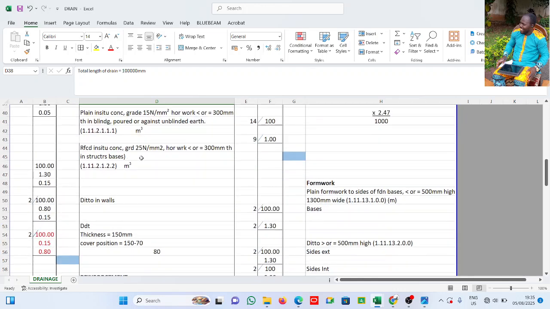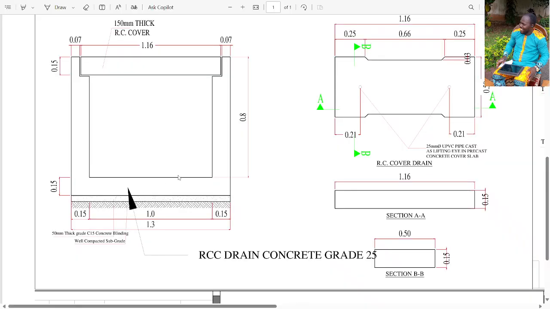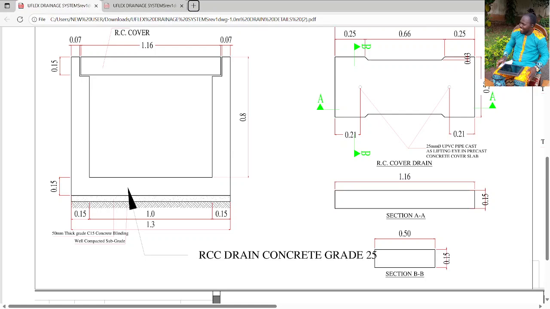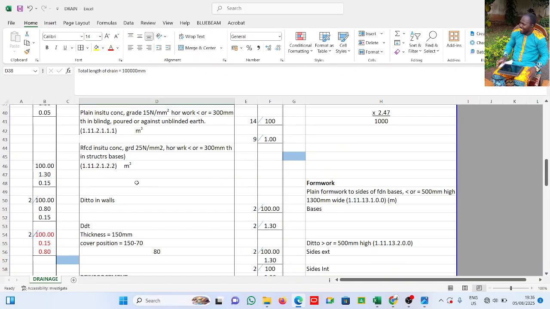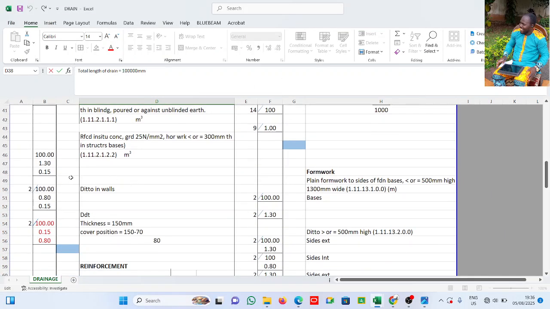Now, reinforced in situ concrete for the drain. Now we have the base of the drain. This is the base of the drain, and then we have the walls of the drain. So this is what we have: reinforced in situ concrete to base, and then to walls.